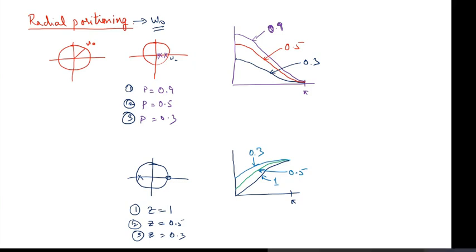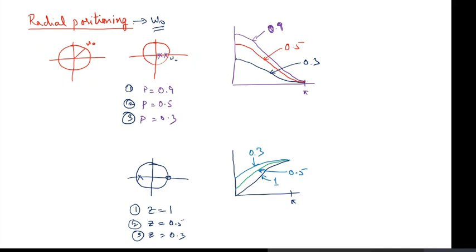So what that means, when we place a pole or a zero along the radius which is affecting a particular frequency omega 0, we will have maximum effect when the pole or the zero is near to the omega 0 point.